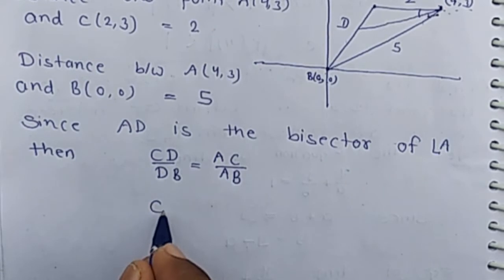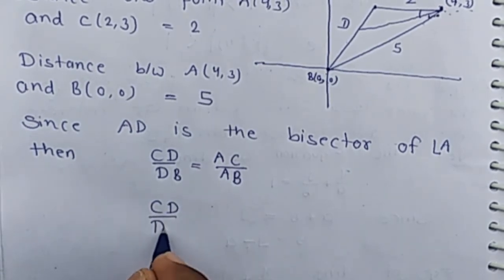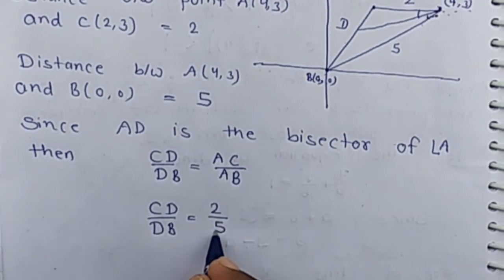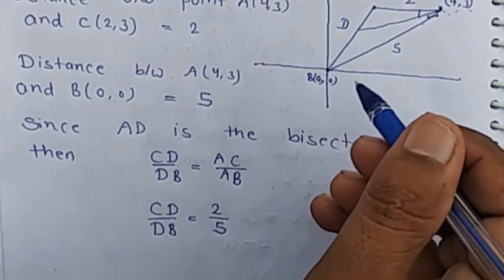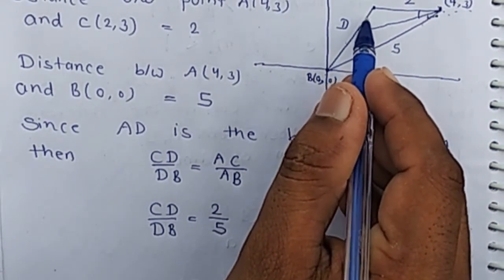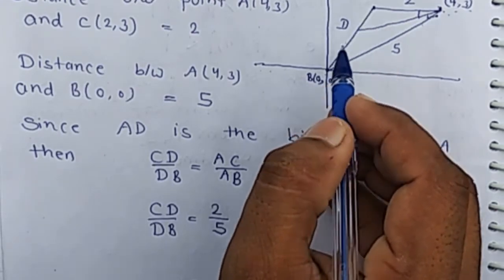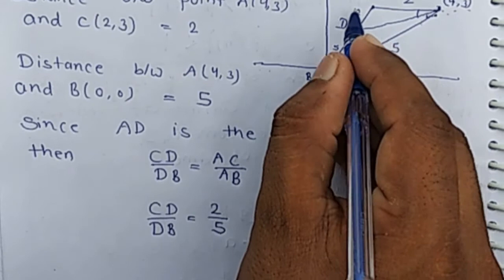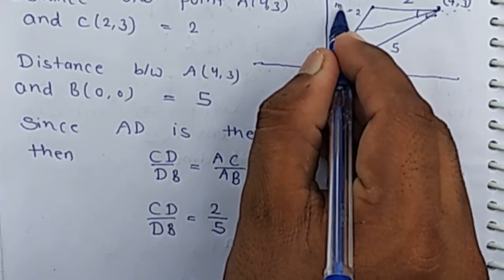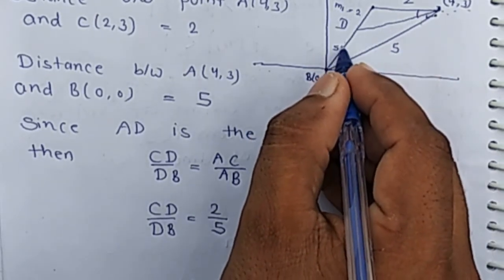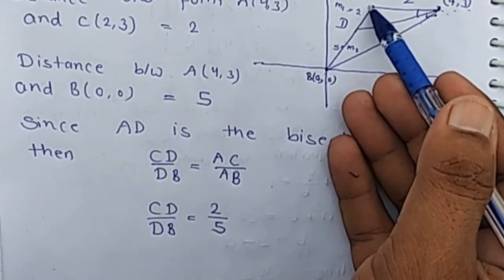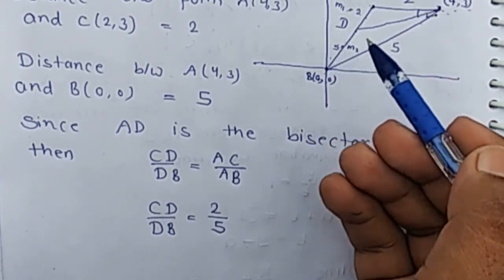CD by DB is equal to AC by AB, where AC is 2 and AB is 5. Then the ratio of CD and DB is 2:5, with 2 as m1 and 5 as m2. Now point D divides the line CB in 2:5.